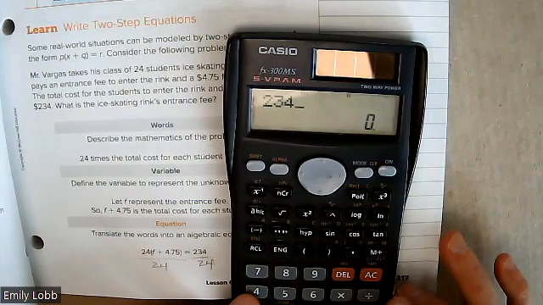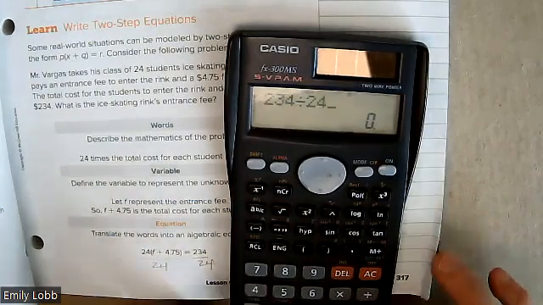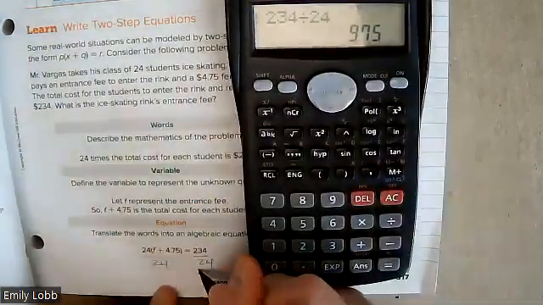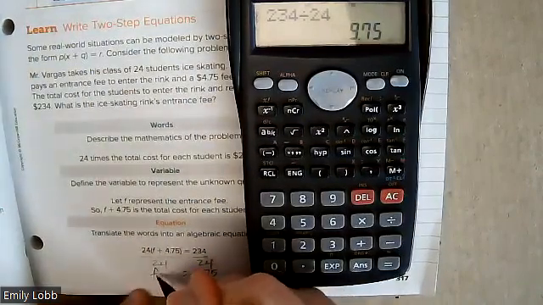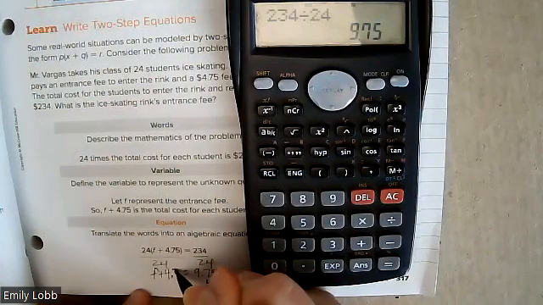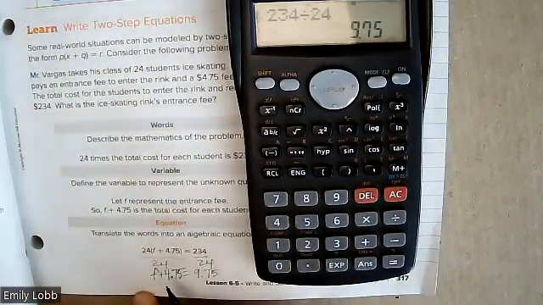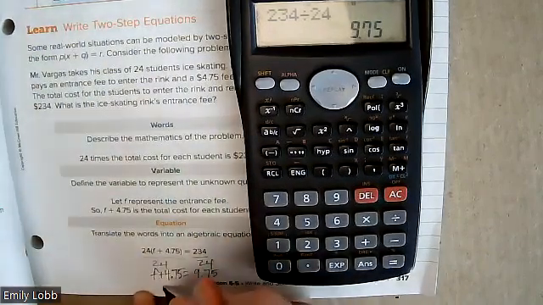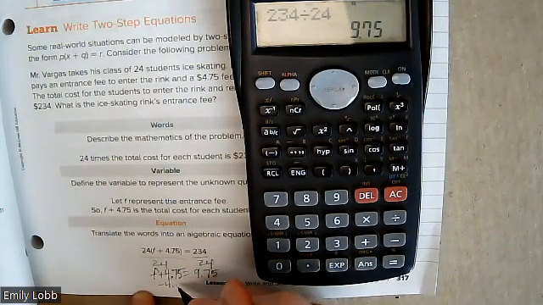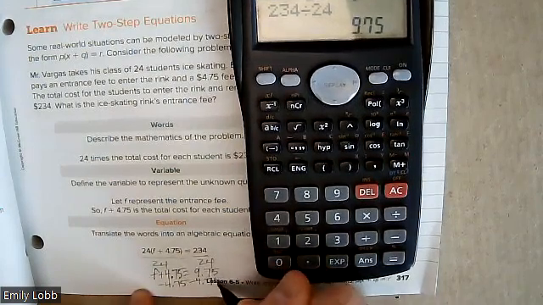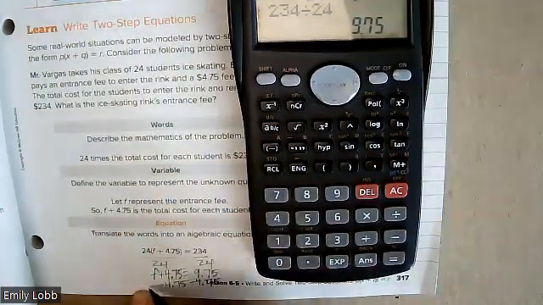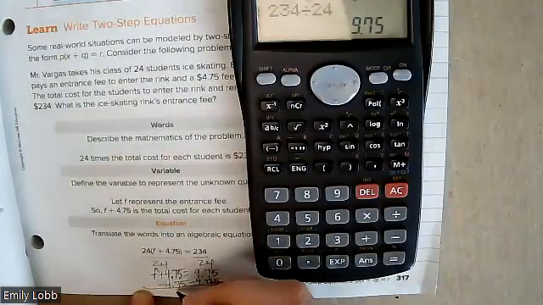234 divided by 24 is $9.75, which is equal to something plus what we already know they're paying in fee. So then I would subtract the skate rental fee from both sides, and they're ending up paying how much for entering? No, they're paying $4.75 for the rental.